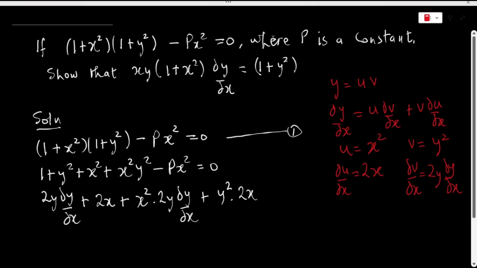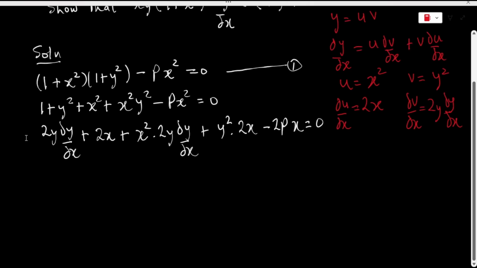Then we go ahead and differentiate the last term over here. Now, you can see that 2y dy/dx is common to this first term and is also common to this third term. So let's go ahead and factorize 2y dy/dx from the first term and the third term.